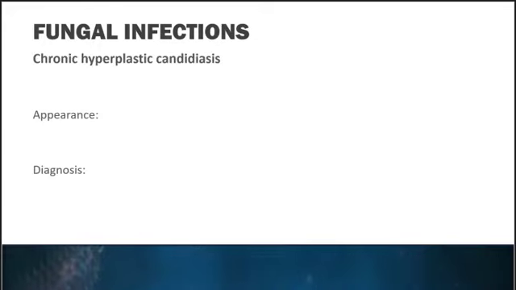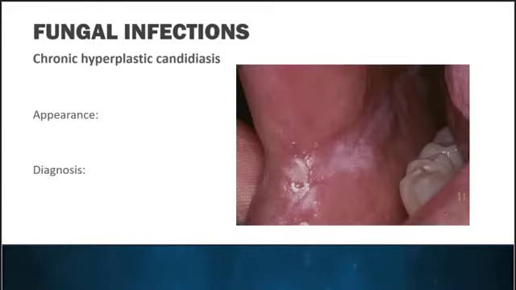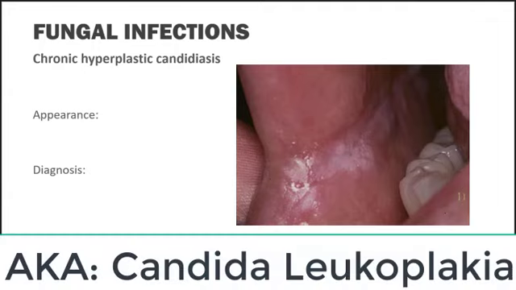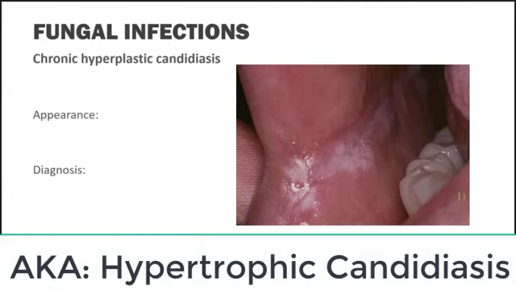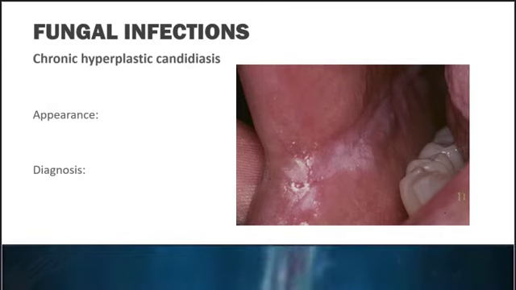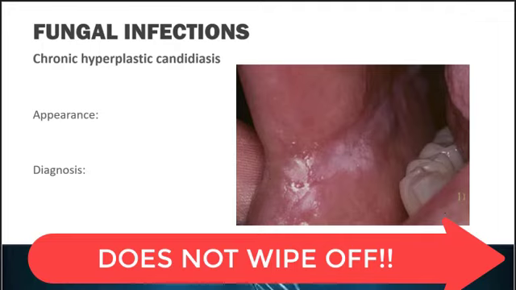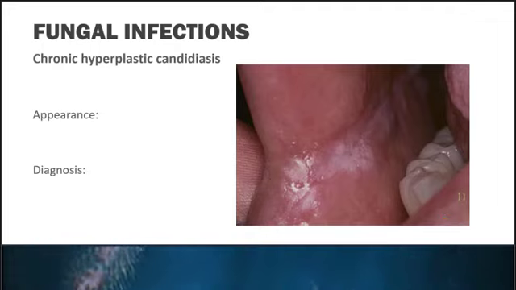Chronic hyperplastic candidiasis is also called Candida leukoplakia or hypertrophic candidiasis. This type of candida, unlike the others, the white lesion will not wipe off. So normally with candida, if you take that white plaque-like substance, it's going to wipe right off.